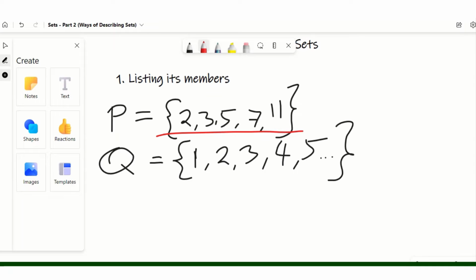Then the ellipsis, meaning it's a continuation, doesn't end. There are other members which we haven't listed. If you look at the order 1, 2, 3, 4, 5, looking at the pattern, you know the next ones will be 6, 7, 8, 9, 10, and it goes on and on.